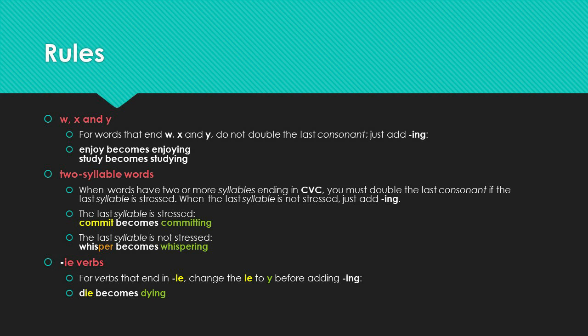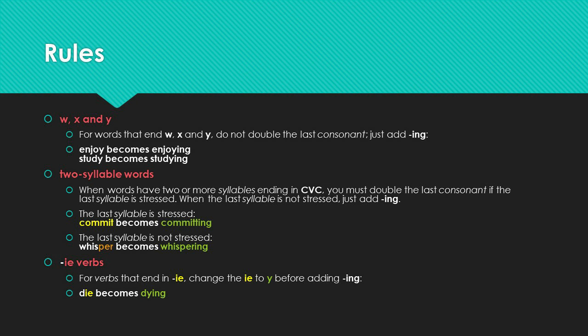So the other rule is when we have two syllable words. It says when words have two or more syllables ending in CVC, in this case, remember that CVC is consonant, vowel, consonant, you must double the last consonant if the last syllable is stressed. When the last syllable is not stressed, you just add ing.